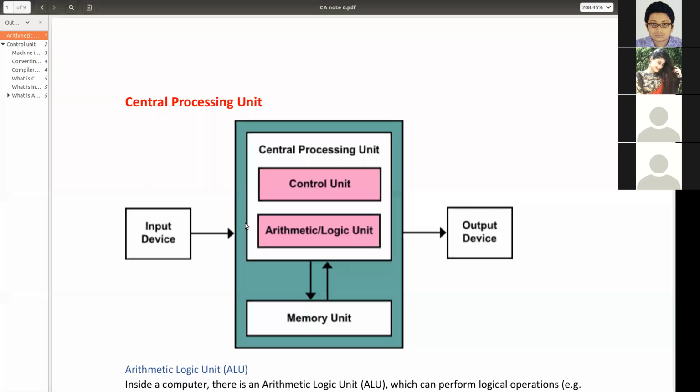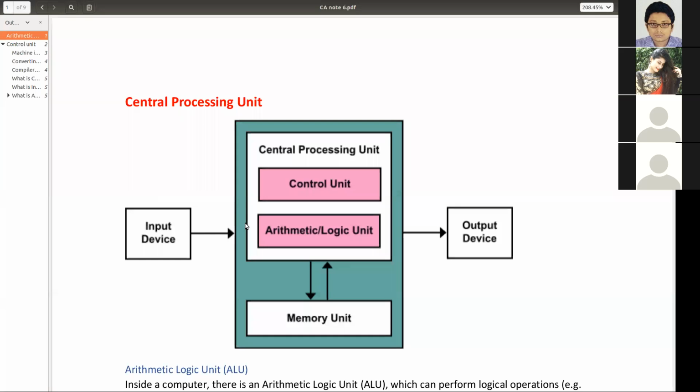So basically we will start with the central processing unit, or CPU. Now, the central processing unit is basically the brain of the computer, actually. Every process, every instruction, everything is executed by this particular component of the computer.